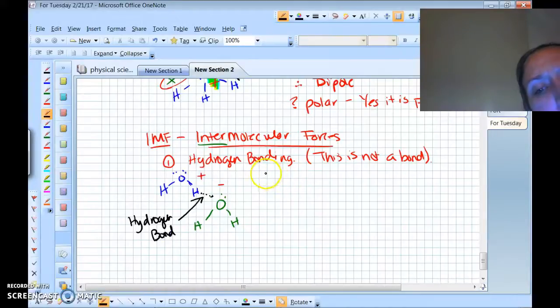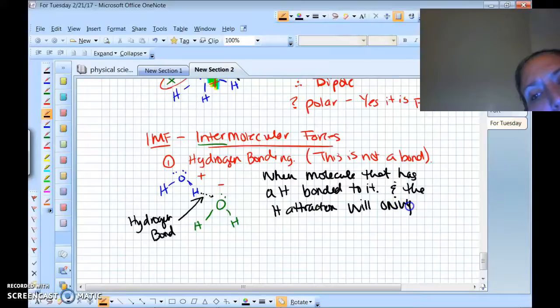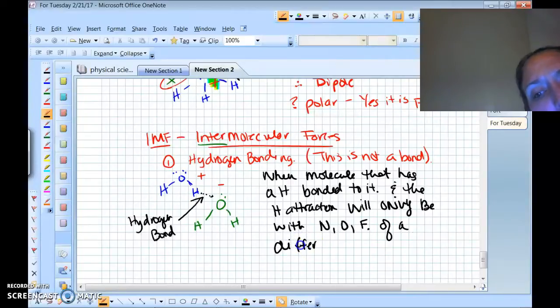Alright, so it will only happen when you have a molecule that has a hydrogen bonded to it, and the hydrogen's attraction will only be with nitrogen, oxygen, and fluorine of a different, not the same, different molecule.